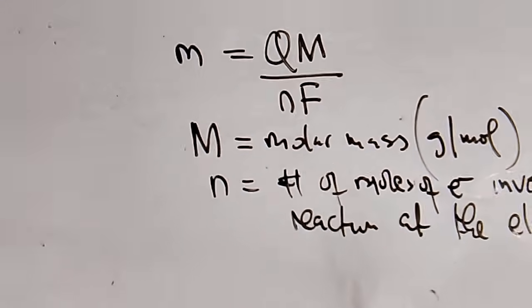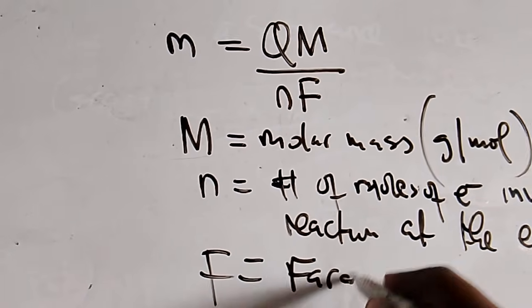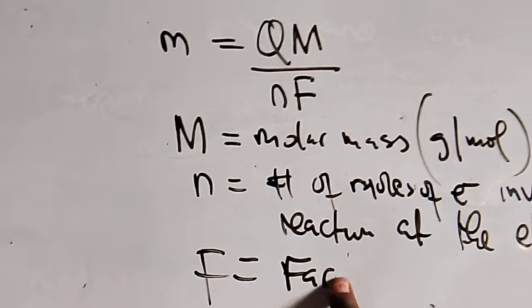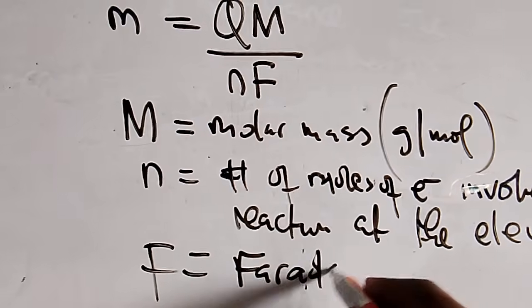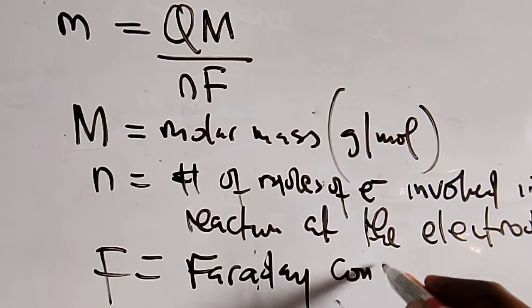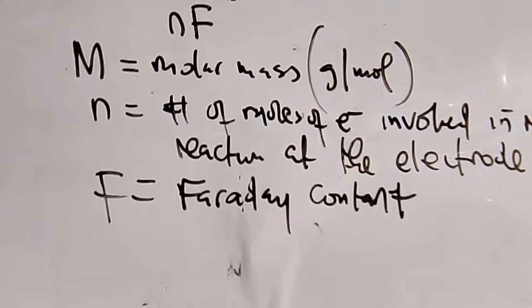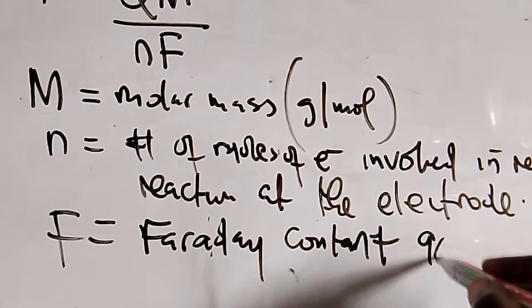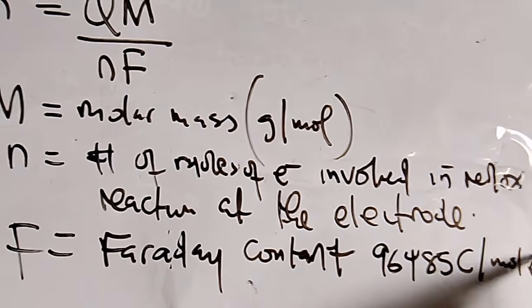Then F is the Faraday constant, which has a value of 96,485 coulombs per mole electrons.